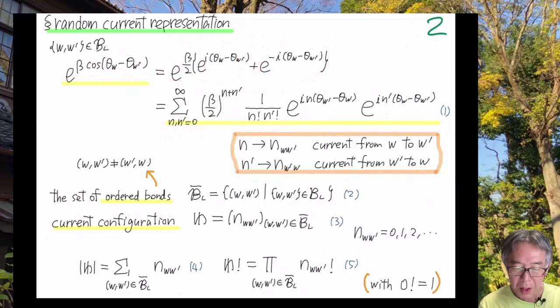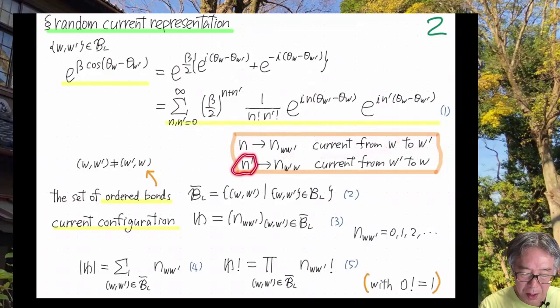This is usual. And then here I have two non-negative integers n and n prime. Let me call this n W W prime, and interpret this. This is just an arbitrary interpretation, but it is convenient. Interpret this as current from W to W prime.